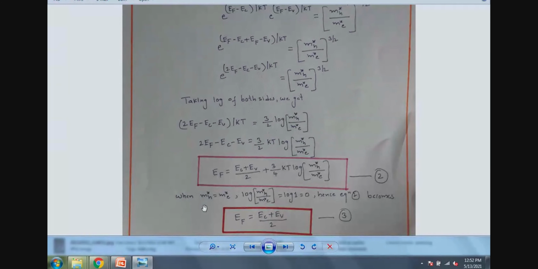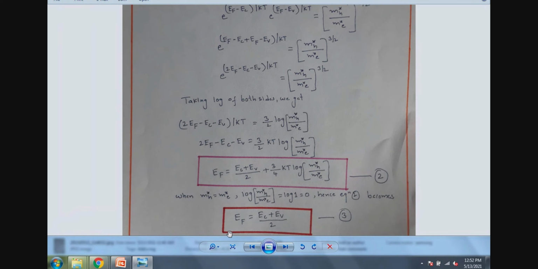So the log term becomes 0 here. Okay, so what is the remaining term? Equation 2 becomes Ef is equal to (Ec plus Ev) by 2. So we can say that the Fermi level is exactly midway between the conduction band and valence band, isn't it? We got (Ec plus Ev) by 2.